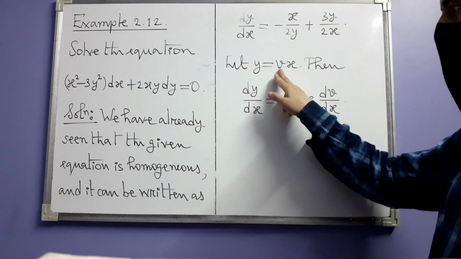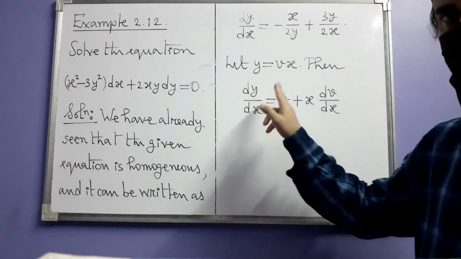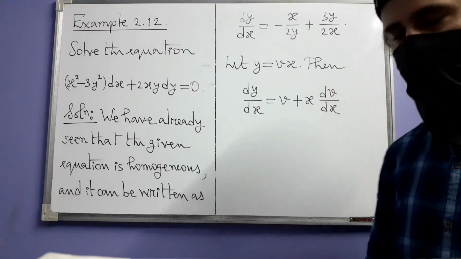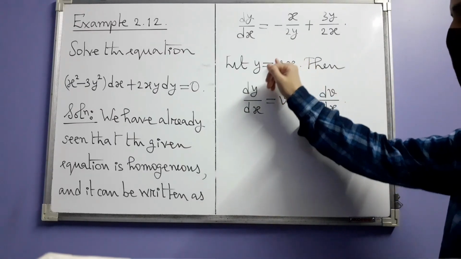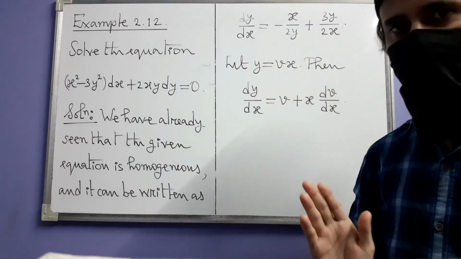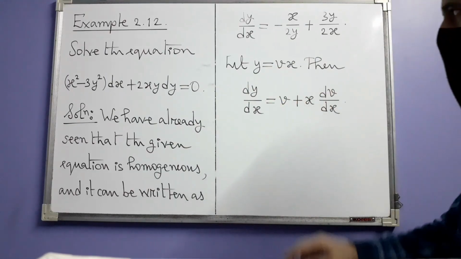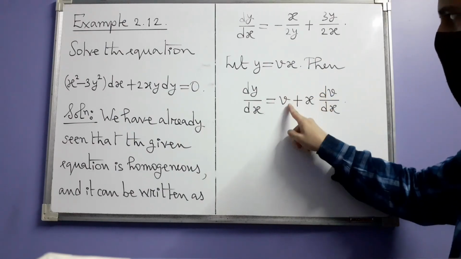Now treating v as a differentiable function of x, we differentiate both sides with respect to x. That gives us dy/dx, and of course in order to differentiate the right hand side you have to apply the product rule for differentiation. So if you keep v as it is and differentiate x, you get 1.